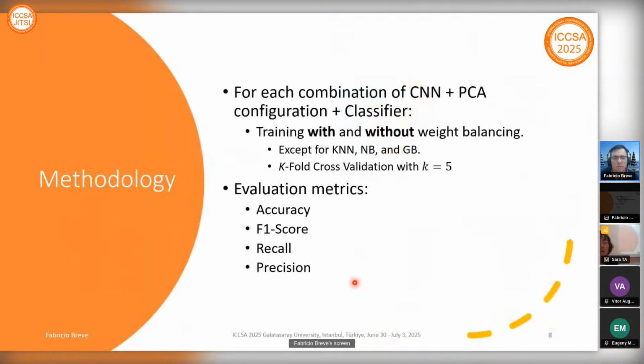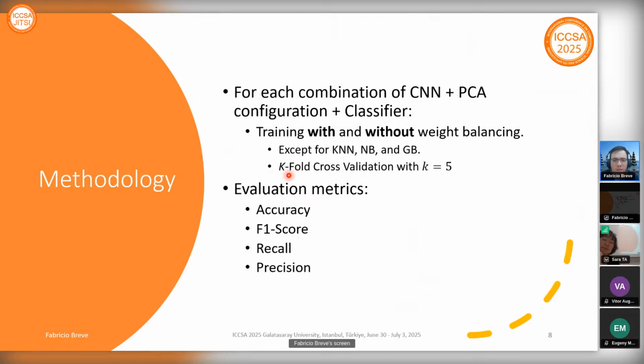The methodology: for each combination of CNN and PCA configuration, 10 different PCA configurations plus classifiers. She used the training with and without weight balancing, except for KNN, NB and GB, because they don't have an option to balance to compensate for the data set imbalance.